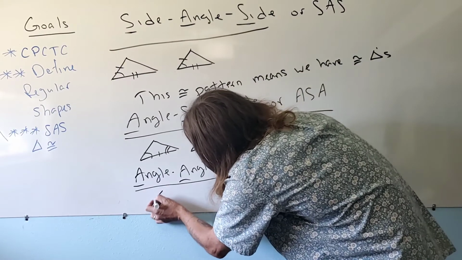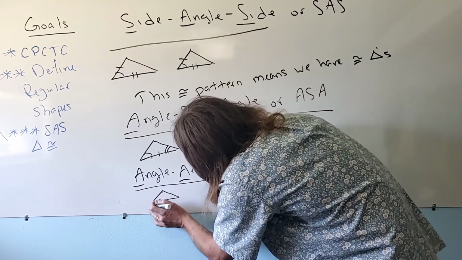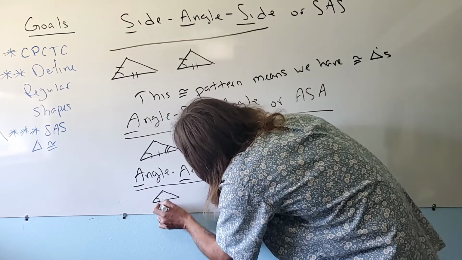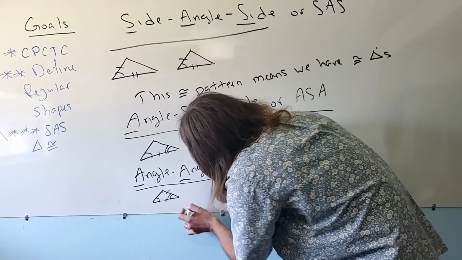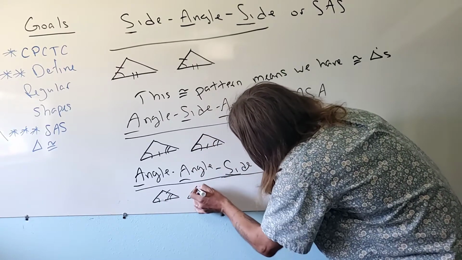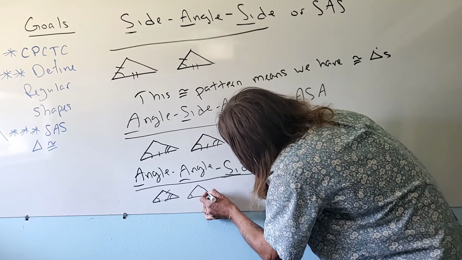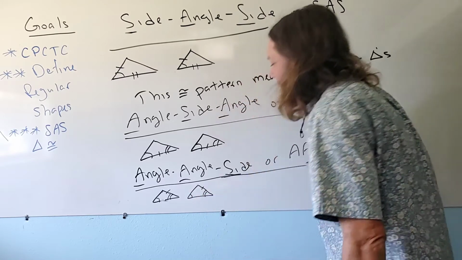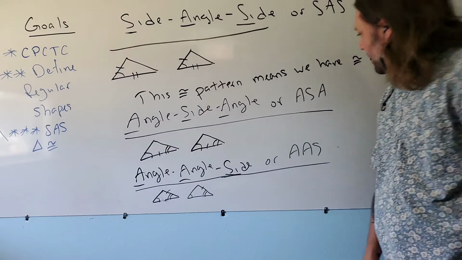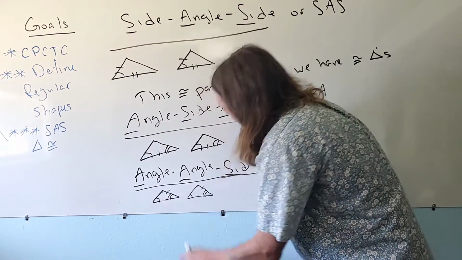Angle, angle, side. All right, so these are our three congruence patterns that we're looking for.